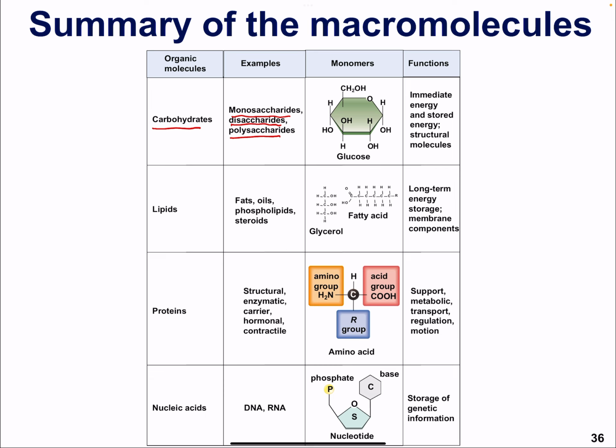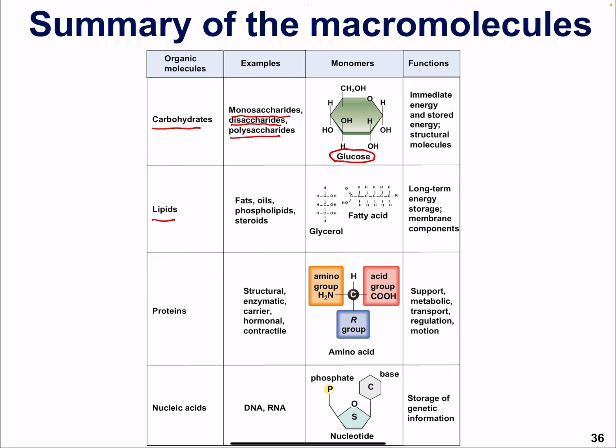Please go over the lecture to have some examples of monosaccharides, some examples of disaccharide, and some examples of polysaccharide. We did cover those. The building blocks are going to be simple sugars, in this case glucose. What is their function? They are going to be important for energy source. They are also going to play a structural role.